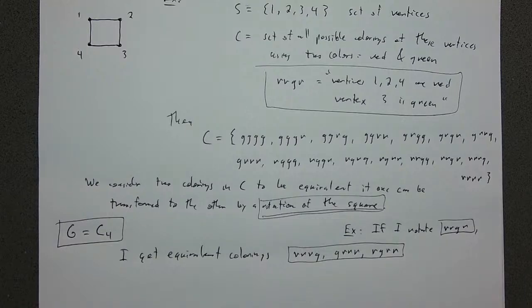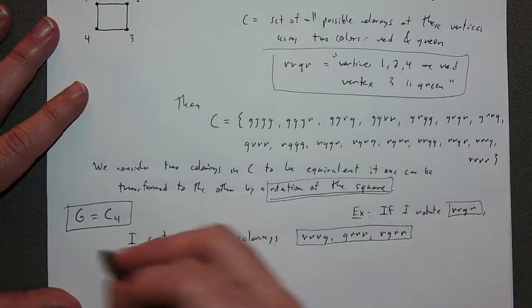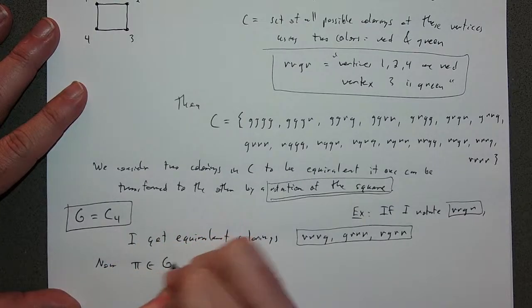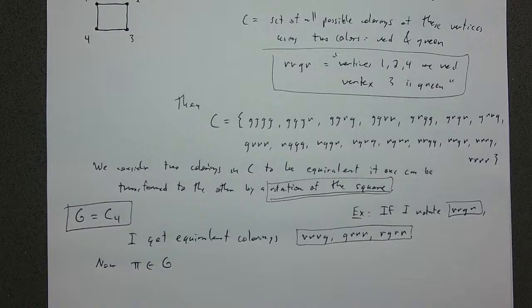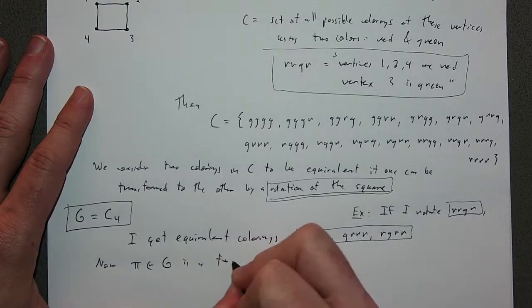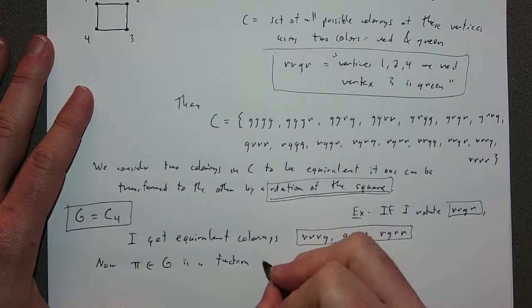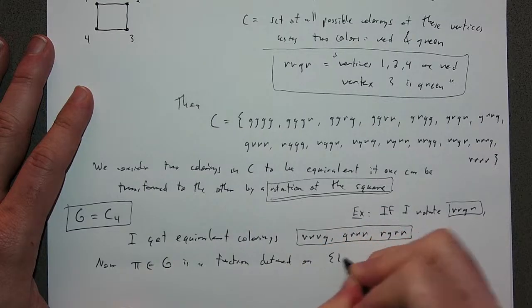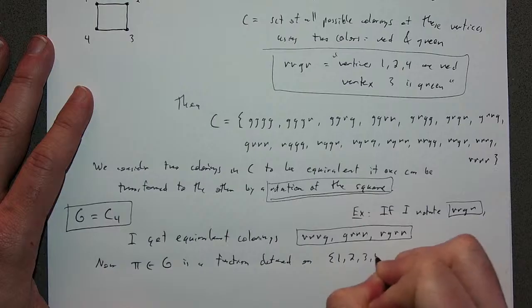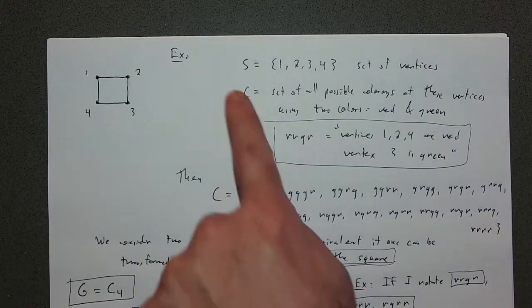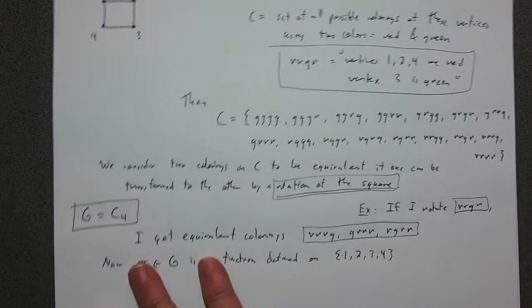Now, a permutation in G is a function having special properties defined on this set of objects that I've labeled 1, 2, 3, 4. That's our S here, our vertices.